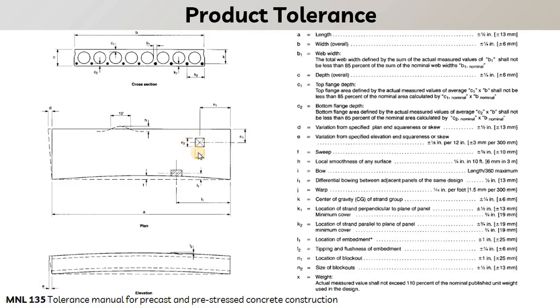Here you can see N1 and N2, which are the opening sizes, or a block out or cutout considered in the slab, which has to be within tolerance. Here N1 is the location of block and size of block, considered as 20 plus or minus 25% and plus or minus 13%.